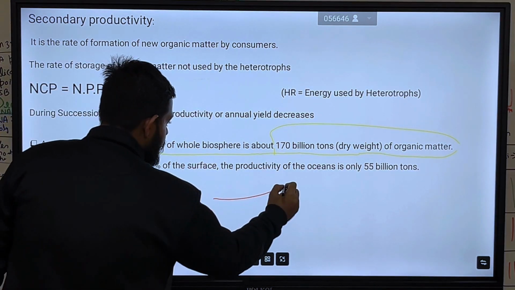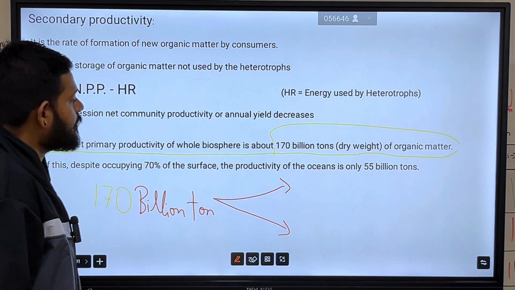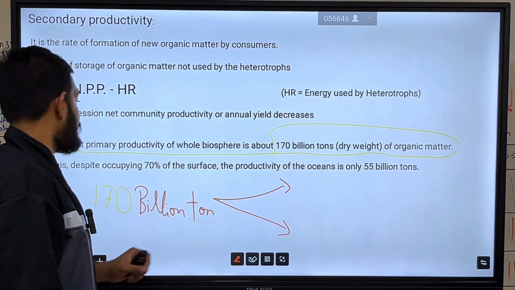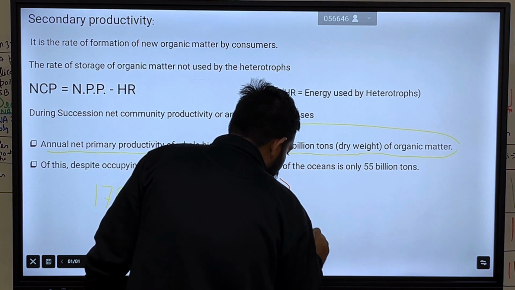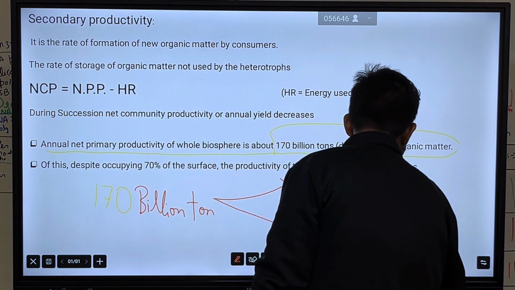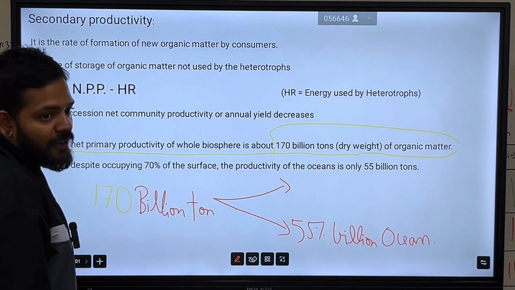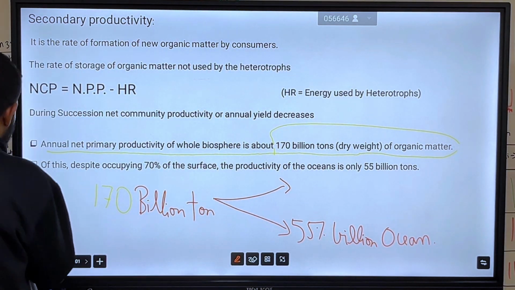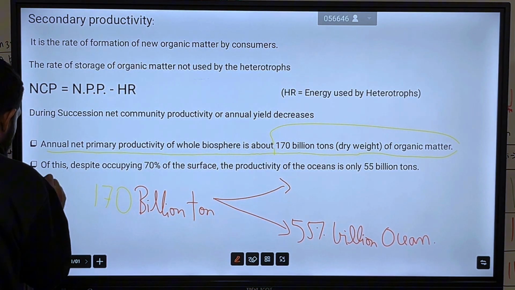Out of this, the productivity of the oceans, which cover 70% of the surface, is only 55 billion tons. Subtracting 55 from 170, you get 115.